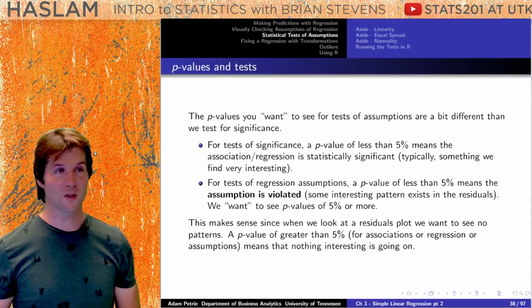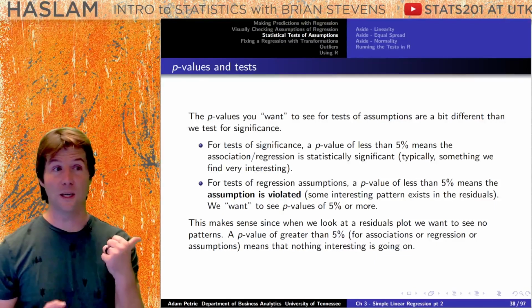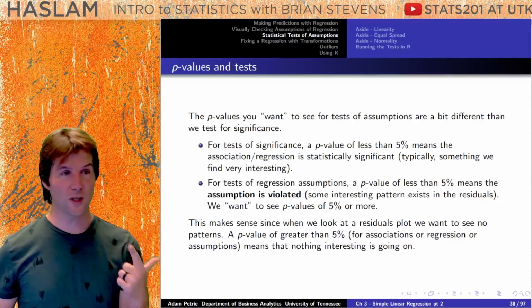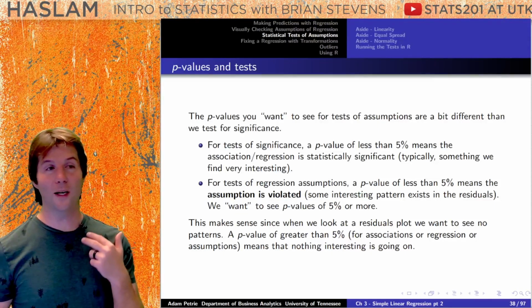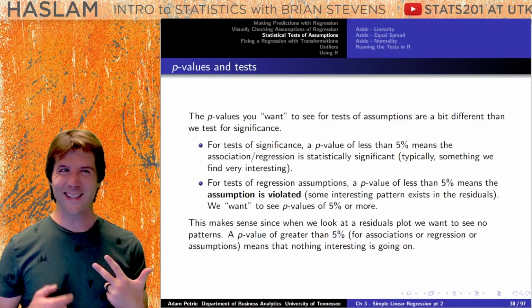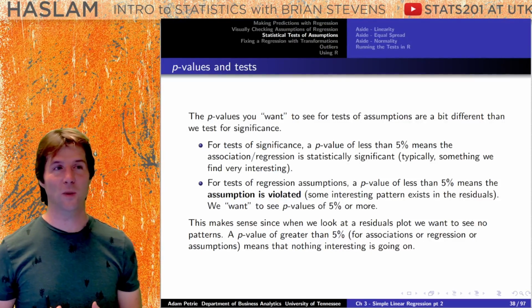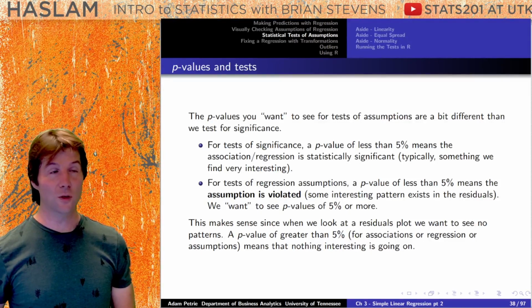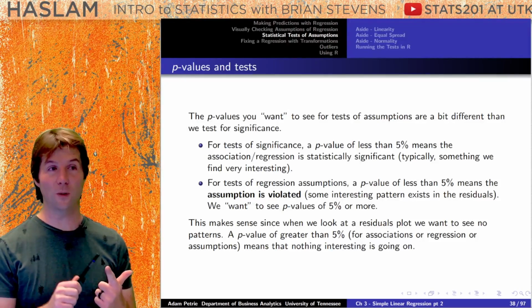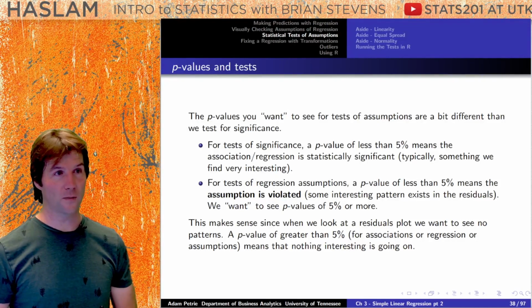So the null hypothesis oftentimes is linearity is good, equal spread is good, and also normality of residuals is good. That's not the technical way of saying it, but it's how we'd explain it in the business world, that we've assumed we have linearity, we've assumed we have equal spread, and we've assumed we have normality of residuals.